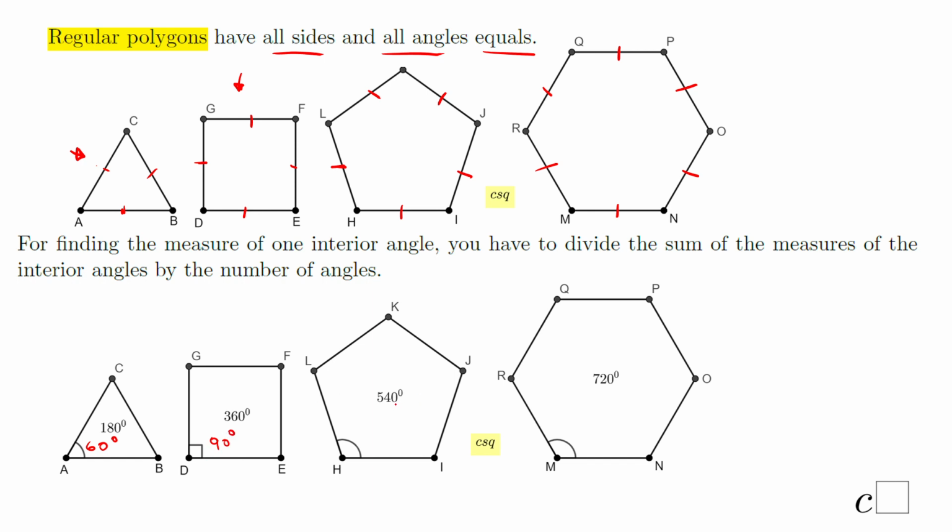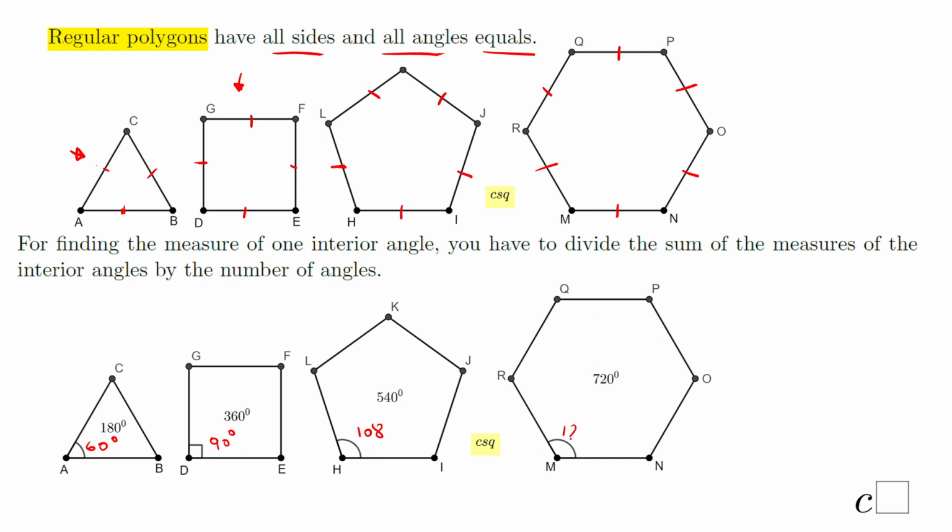What about this one? 540, the sum of the interior angles of a pentagon, divided by 5. So that will be 108. Every single angle here is 108. And the last one in my slide here is the regular hexagon. 720 is the sum of the measure of the interior angles of a hexagon divided by 6 angles, because you have 6.